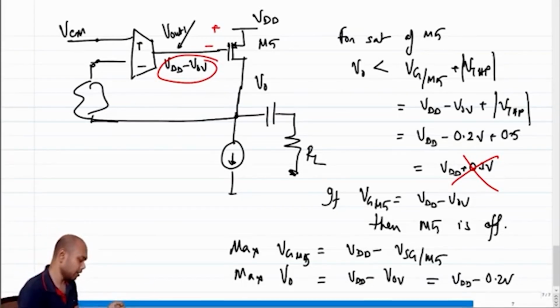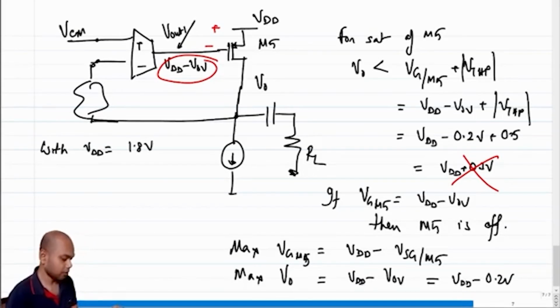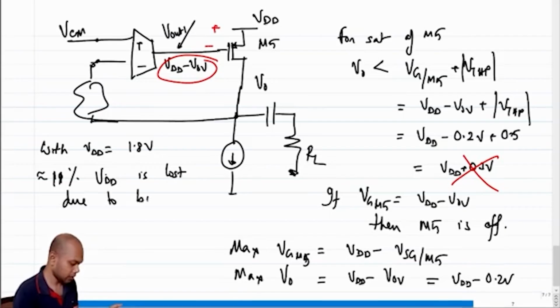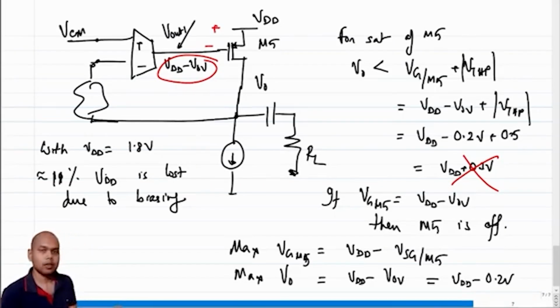Percentage wise, with a VDD of 1.8 volt supply, on the higher side only 0.2 volt is lost. So 0.2 by 1.8 is almost 11%. So approximately 11% of VDD is lost due to biasing. This is far better than the 50% loss that we were getting in the previous architecture, right?